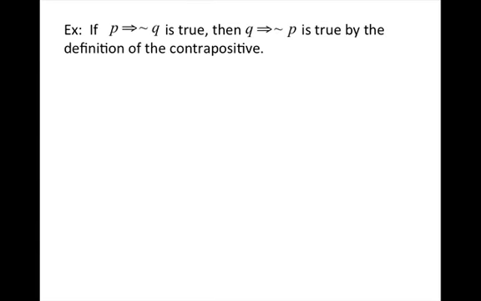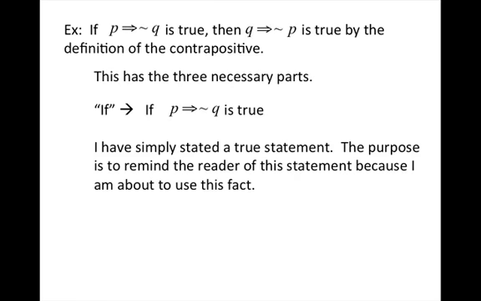Let's look at another example. If P implies not Q is true, then Q implies not P is true by definition of the contrapositive. This sentence has 3 parts. I've got my if statement, I've got my then statement, and I've got my by statement. My if is what I was told was true.